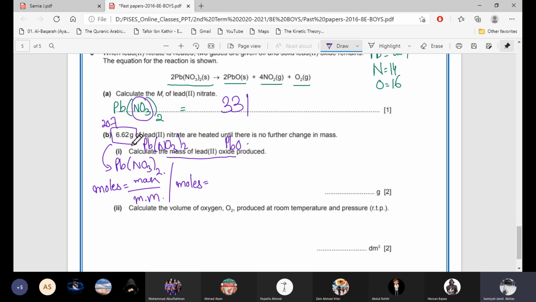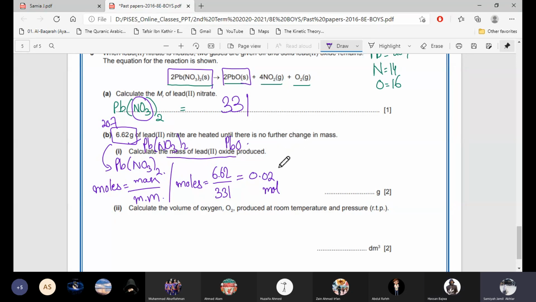Lead nitrate mass is given, 6.62 divided by 331. What's the answer? It's 0.02. So 0.02 are the moles of lead nitrate, and as you can see from the equation, 2 moles of lead nitrate are giving 2 moles of lead oxide, same.